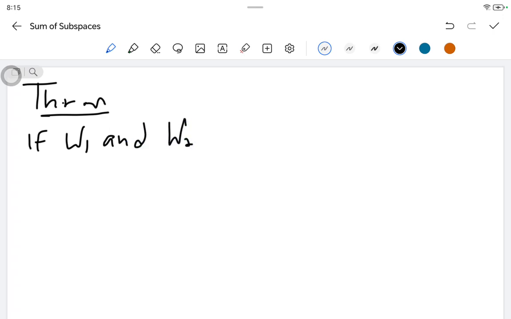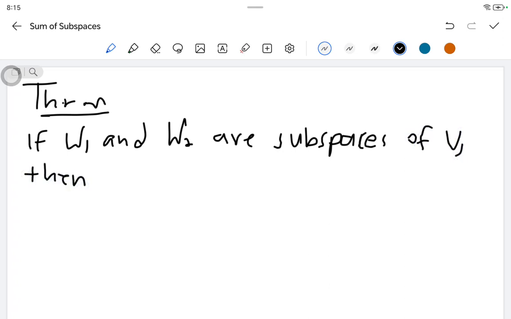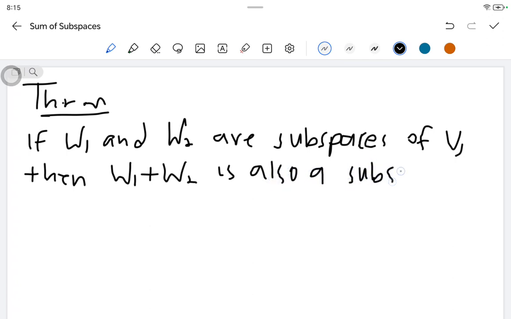The theorem says that if W1 and W2 are subspaces of V, then W1 plus W2 is also a subspace of V.